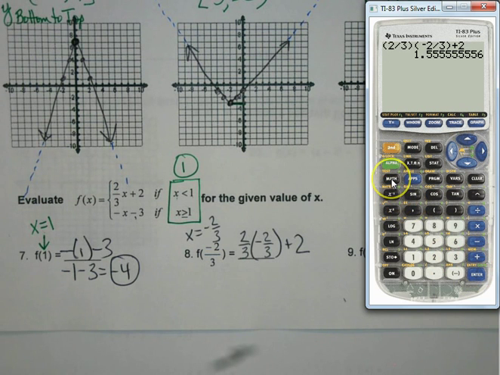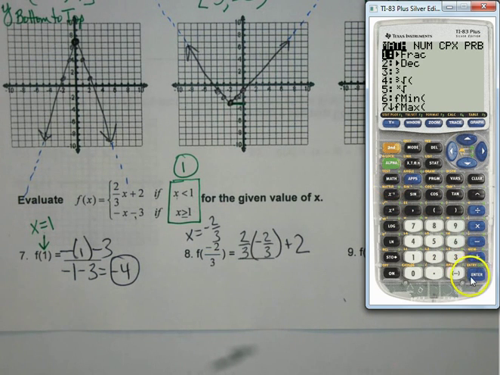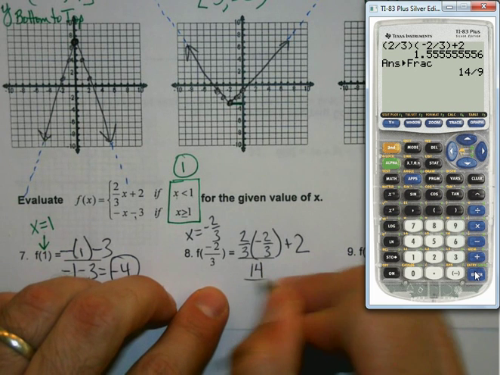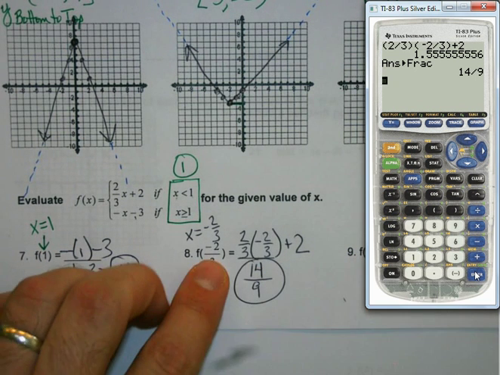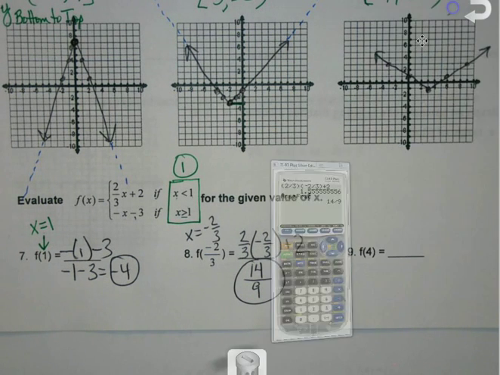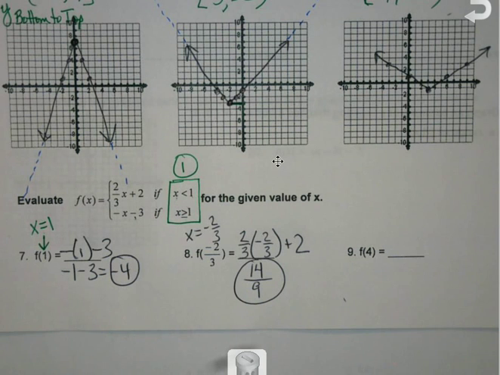If I do this, hit enter, and then do math, enter, or go to my fraction, this is what I prefer. If you plug in a fraction, I'd really prefer getting a fraction out. 14/9. Because basically any scientific calculator, the calculators in here anymore, will get it into a fraction form for you. If it doesn't, I guess you can go back to the decimal if you need to.